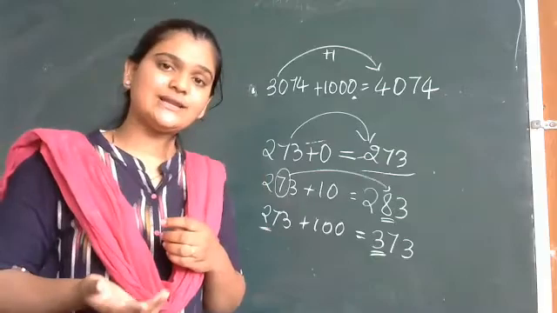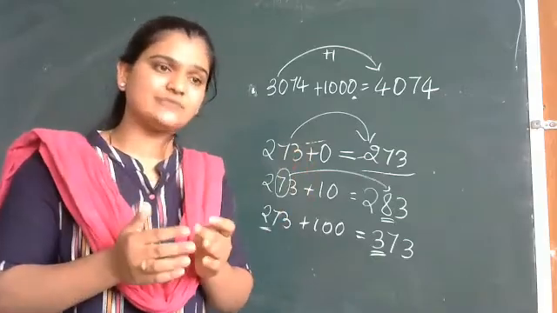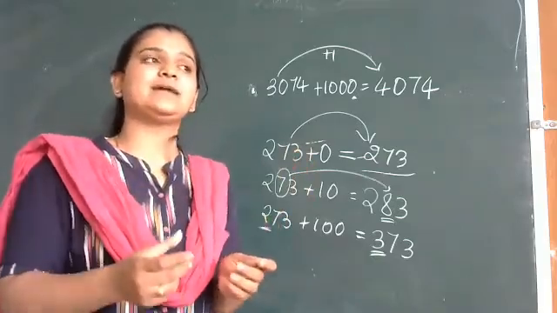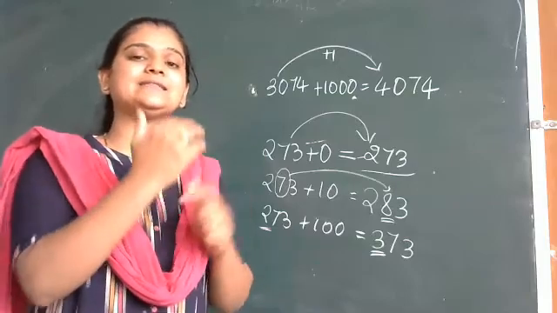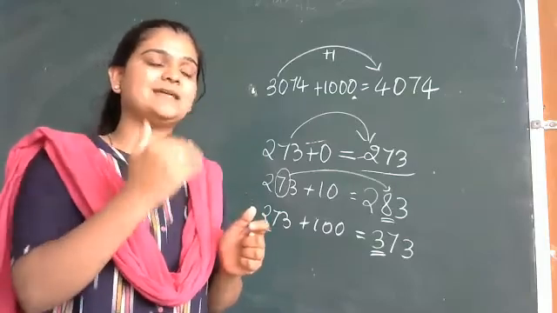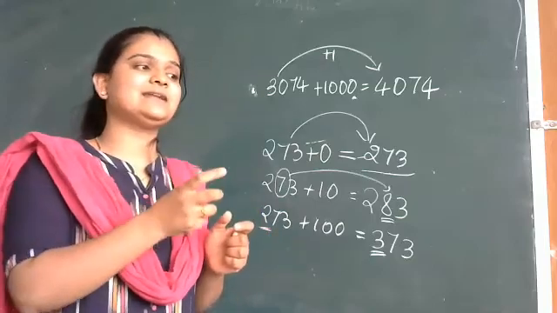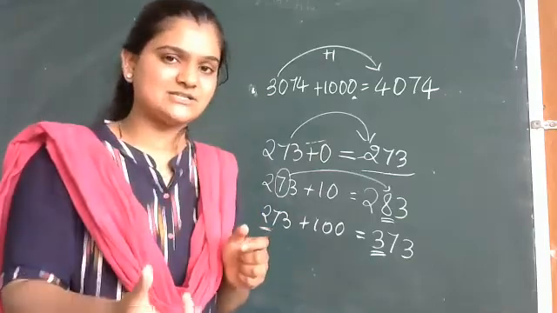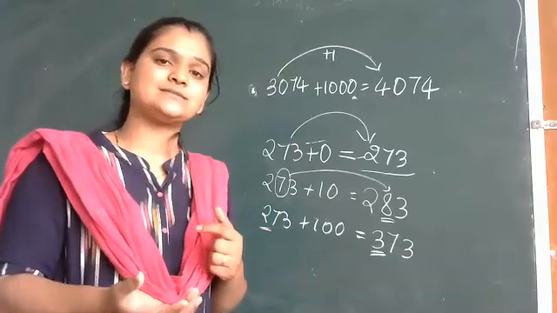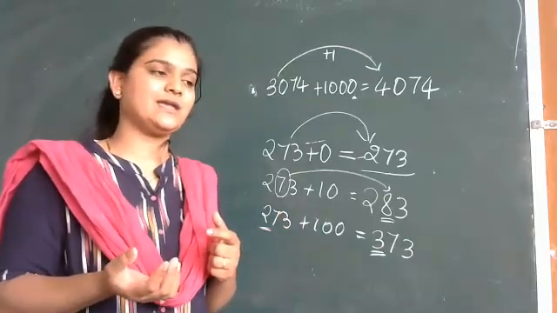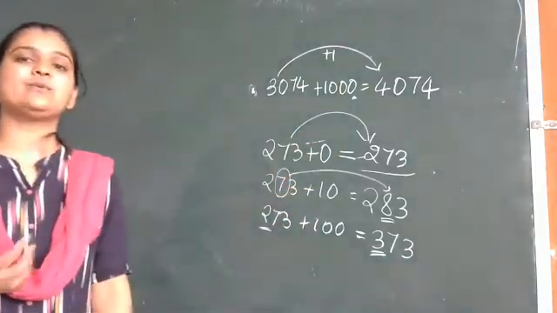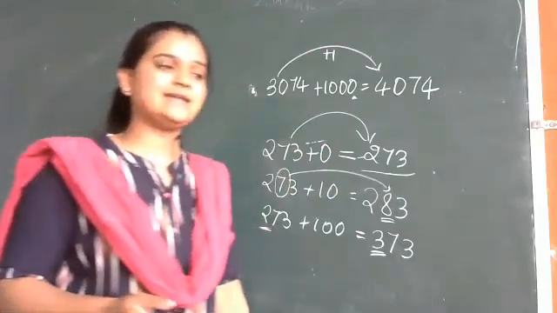Then, whether they have asked the total number, together, find the sum, you will have to find the sum by adding the numbers. Write them in correct place values, add, find the sum, and write that total number of passengers, total number of toy cars, whatever the question is. So this is how we solve the word problems.